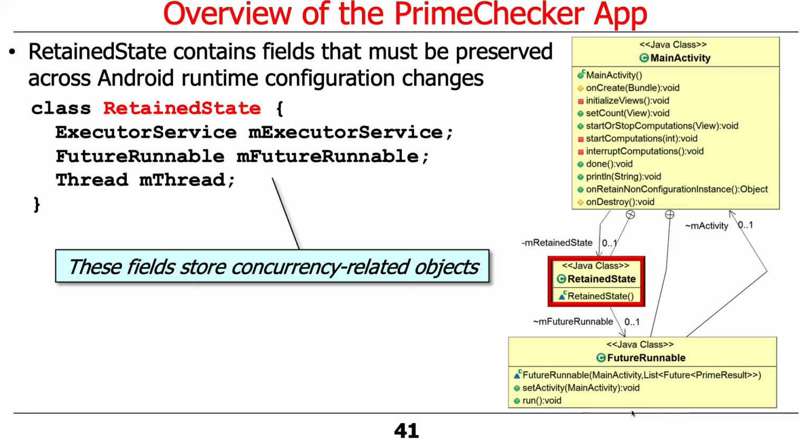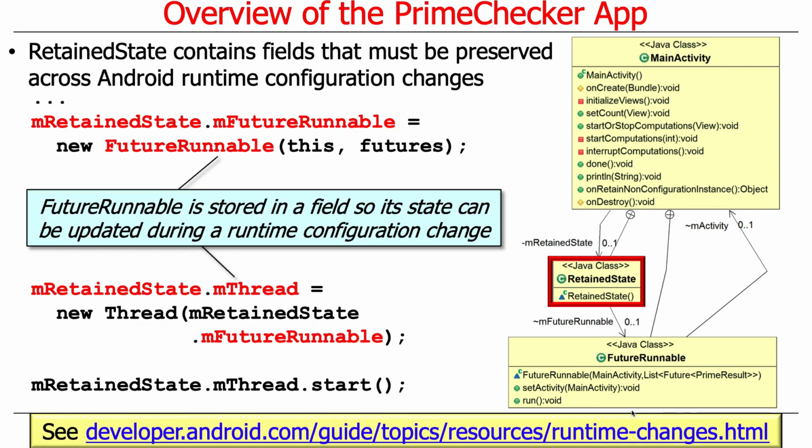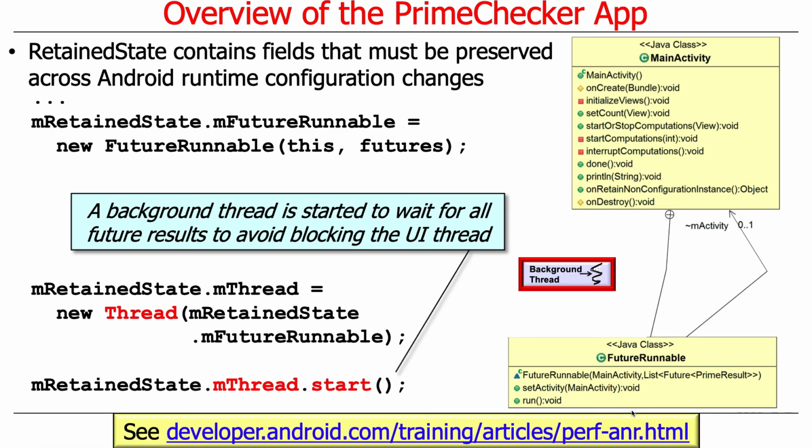All those things are kept in memory, and then we use this very clever technique to initialize the fields of the RetainedState object, which is an instance of the RetainedState class. We store all the various thread-centric fields in that object: the FutureRunnable, the thread, the Executor Service, and so on.